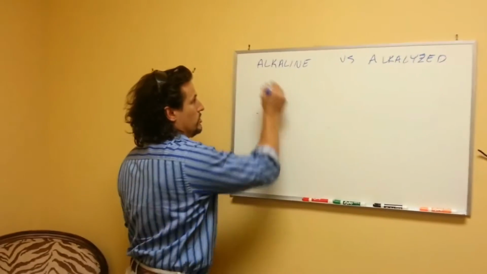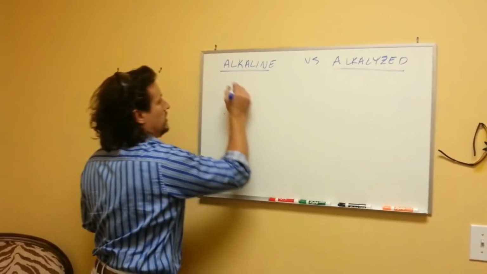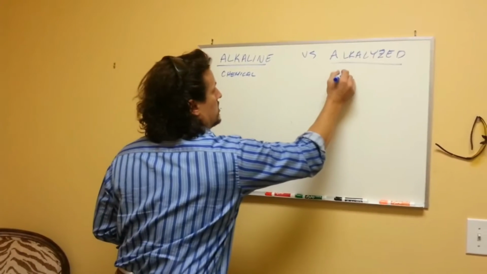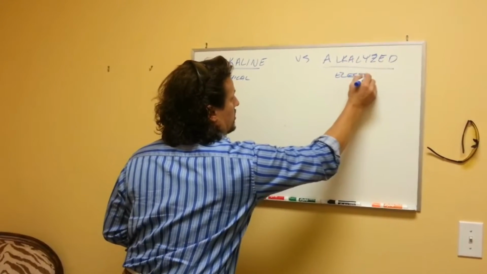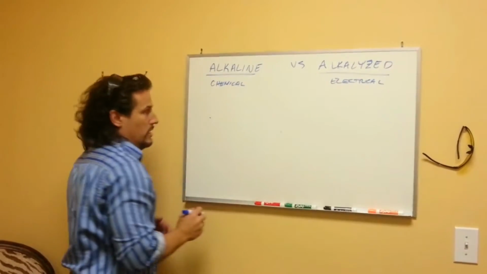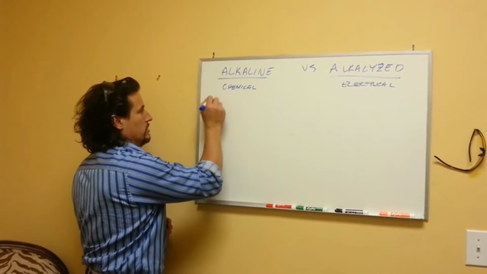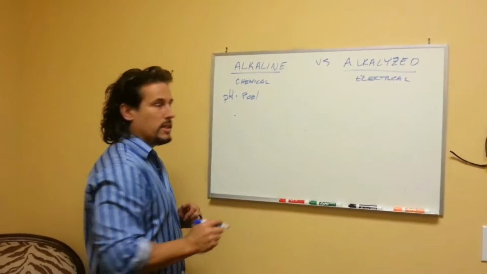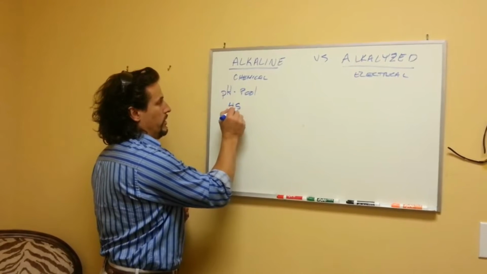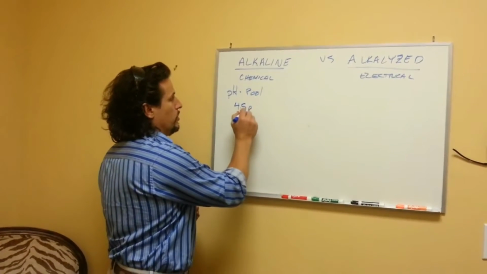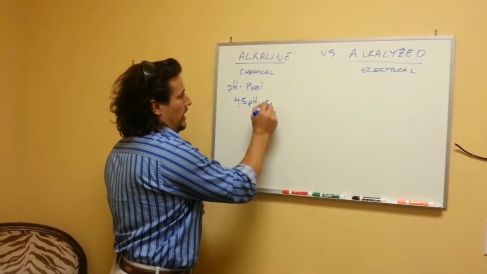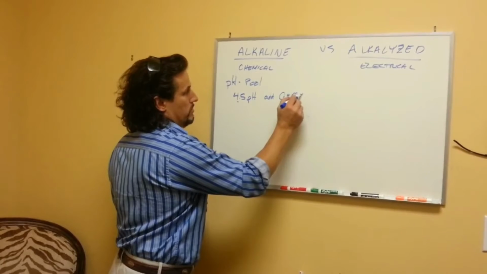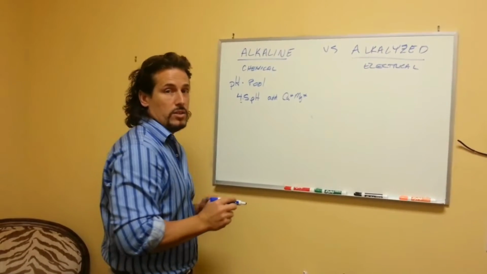The short answer is this is a chemical change, this is an electrical change. If you were to use your pH strips, like for a pool, and they test the chemicals and the water comes out at, say, 4.5, well, with a pH of 4.5, you would then add either calcium or magnesium or something like that to increase the alkalinity.